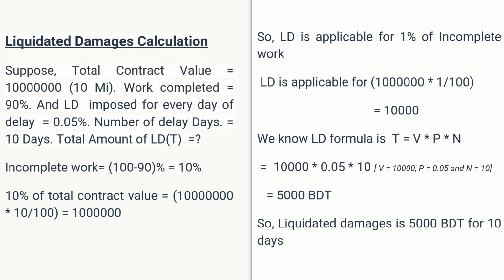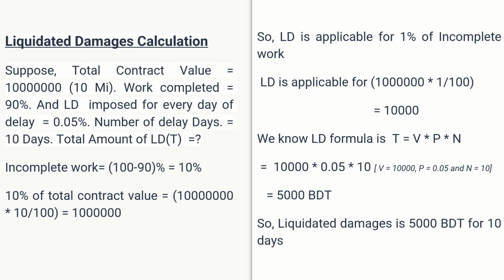Then we get 10%. 10% of the total contract value is 1 million. So the liquidated damage is applicable for the 10% of incomplete work, so 1 million.